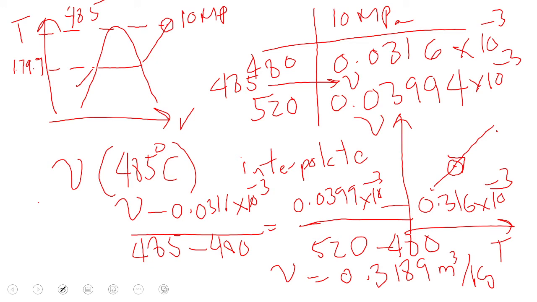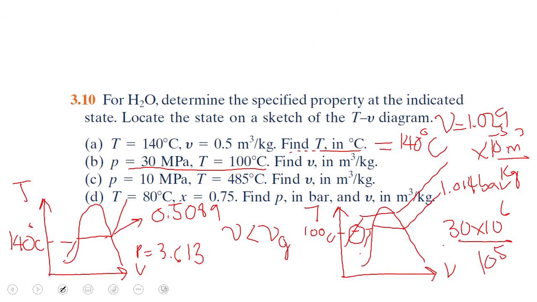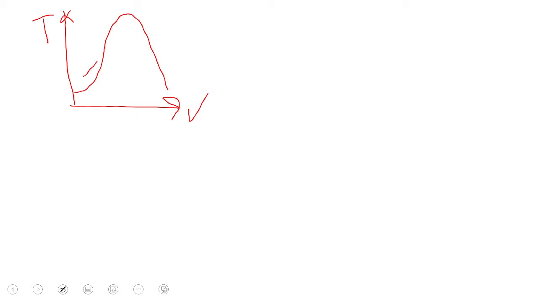Now the last part: a temperature of 80 and quality of 0.75. We need to find pressure and specific volume. So first drawing the TV diagram, line of constant pressure.